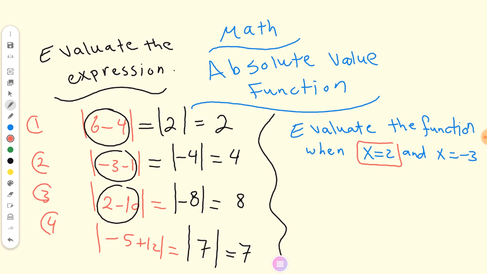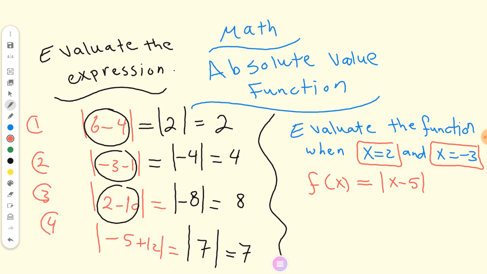The function f of x equals absolute value of x minus 5. How can you evaluate that function when x equals 2 and x equals negative 3?